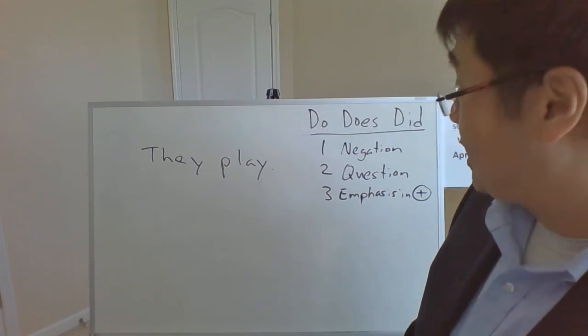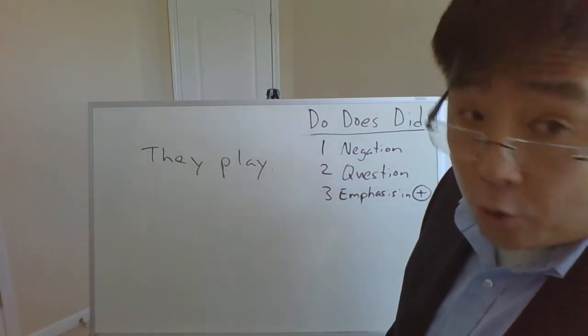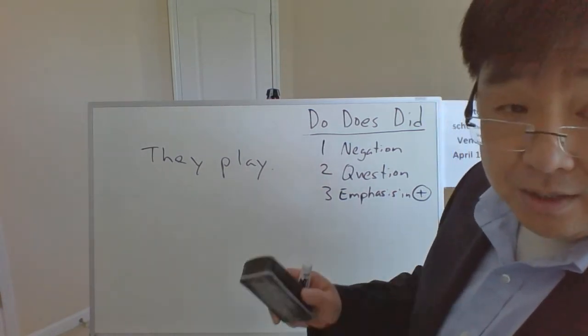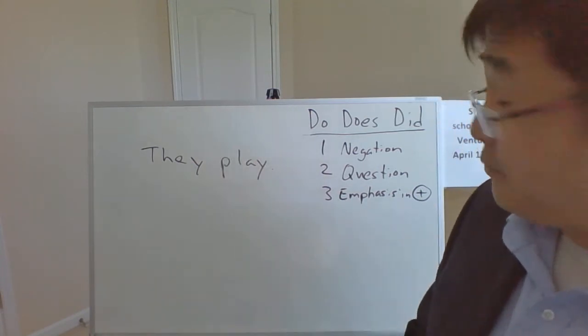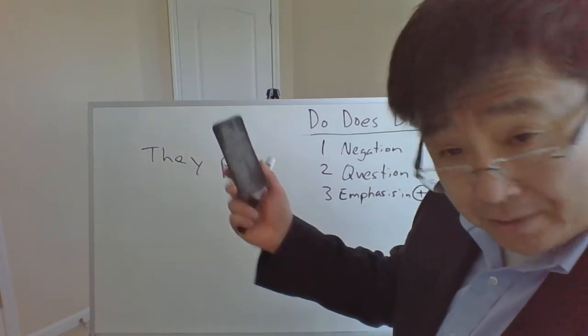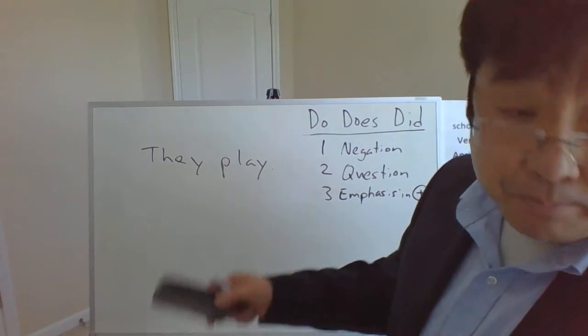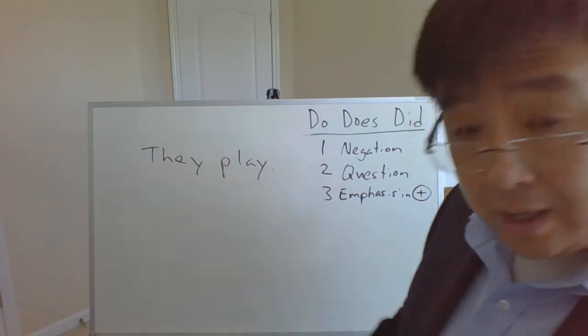How do you make it negative? They no play? They not play? No. They do not play. Or if you contract, they don't play. And how do you make the question form? They play soccer? No. You say, do they play? Do they play soccer on the weekend? That one's easy.